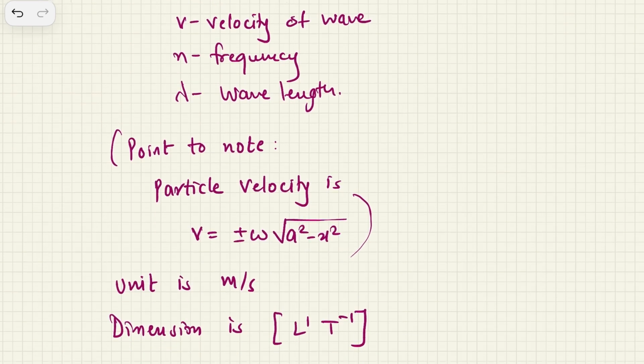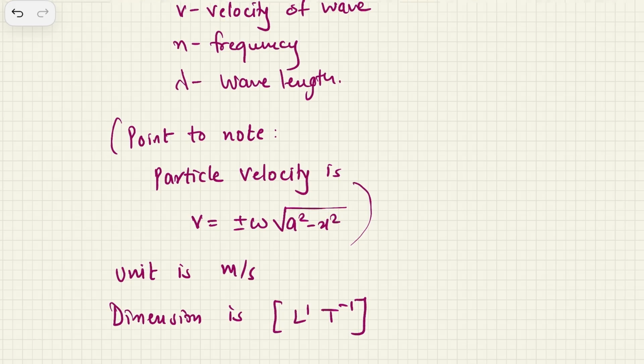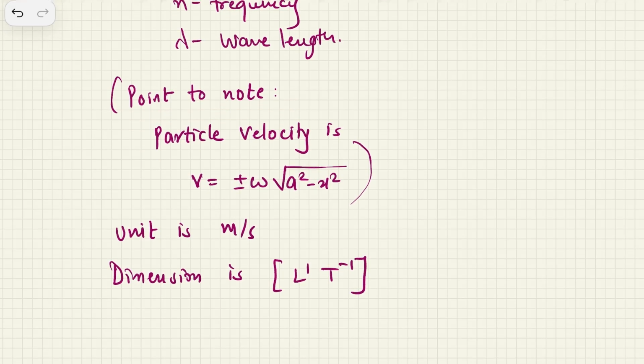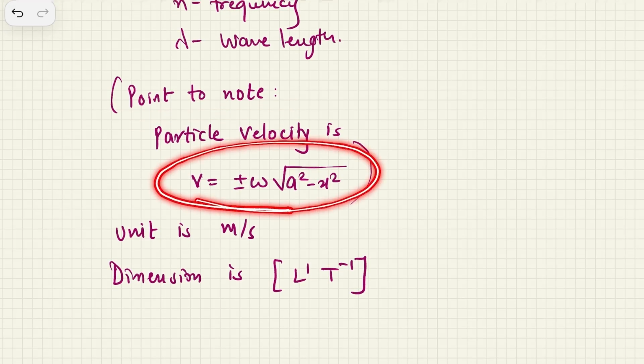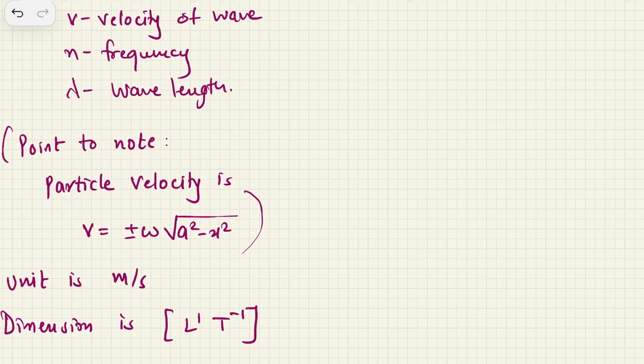But sometimes the question comes when particle velocity is asked. So you should note this point that particle velocity comes out to be v is equal to plus minus omega root of a square minus x square. Now if you are finding this something odd, or you have not studied about this, that means you have not touched oscillation as of yet. Now why is this different?